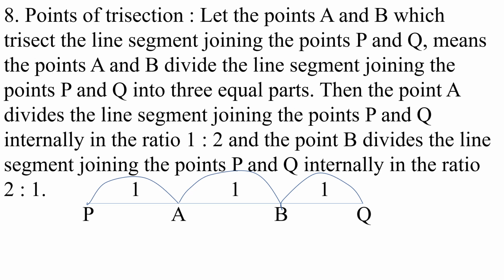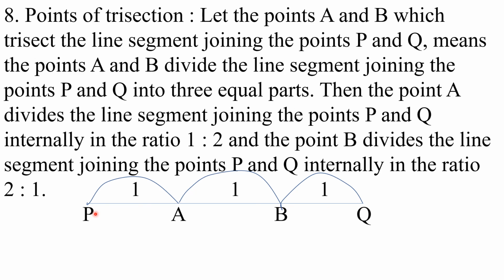See here. Observe this diagram. Observe this figure. P and Q. This is the line segment. This line segment is divided by these 2 points equally into three equal parts. From here to here, 1 unit. From here to here, 1 unit. Here, B to Q is also the same length. PA length is equal to AB length is equal to BQ length.